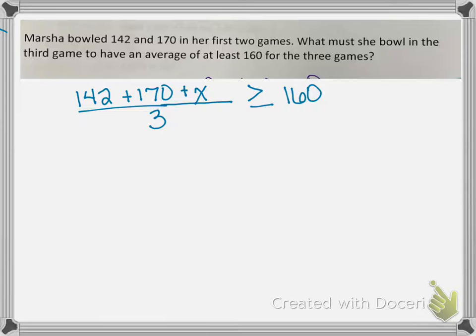What's the first thing you have to do? What do you multiply both sides by first? 3. Good. You have to multiply by that 3 first.